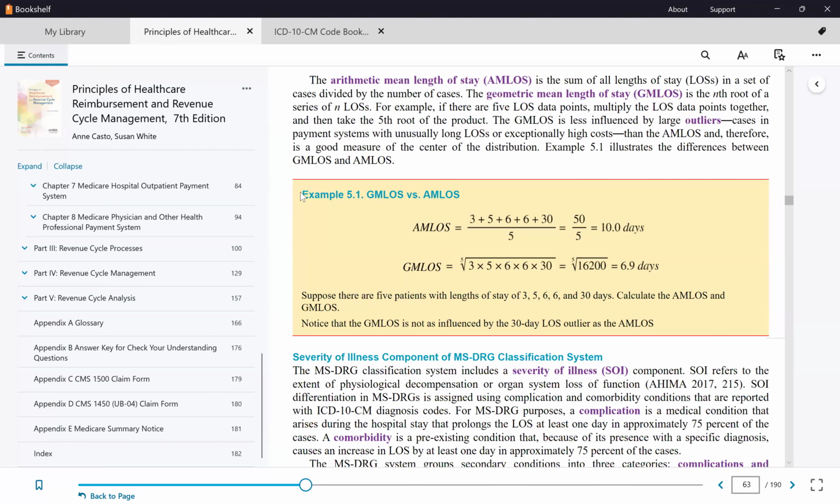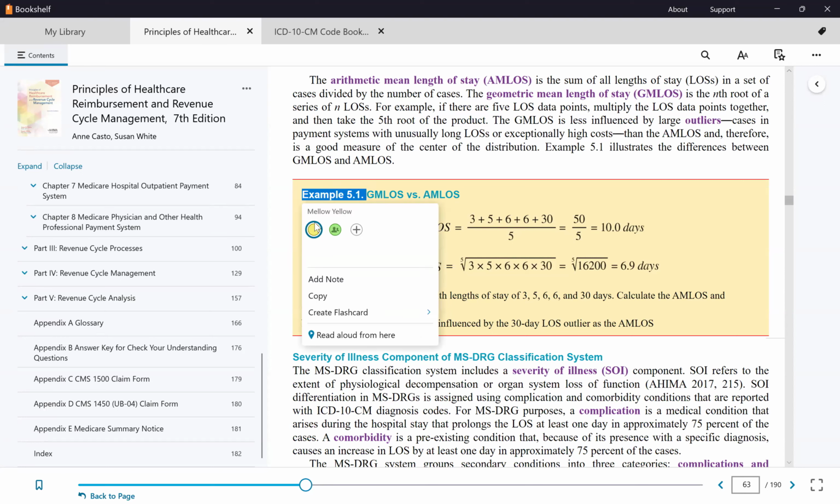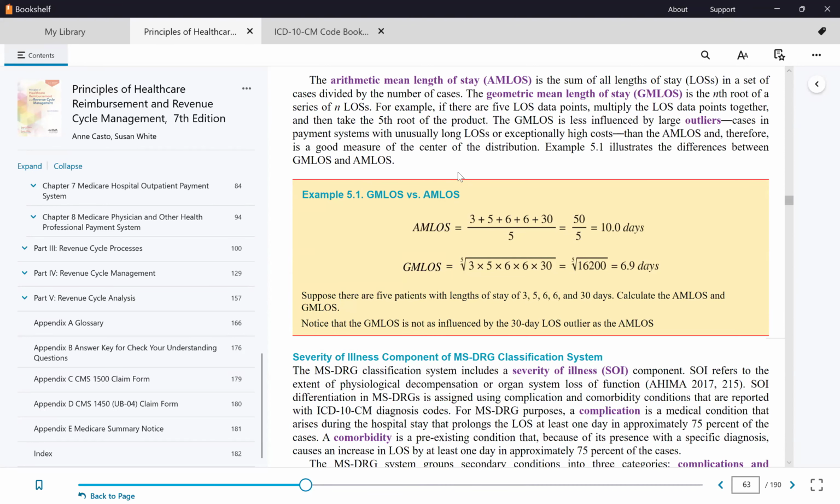And you can see here in Example 5.1, the arithmetic versus the geometric mean length of stay. This is what we looked at in HIM 200, where we just add up the observations, divide by the number of observations, but note that we have an outlier of 30. Everything else is pretty closely grouped.